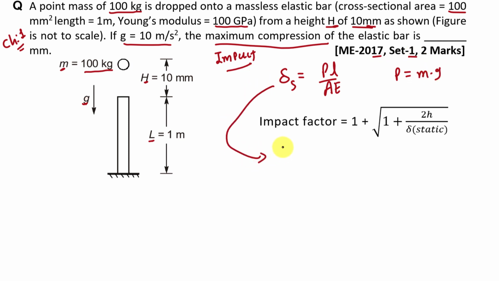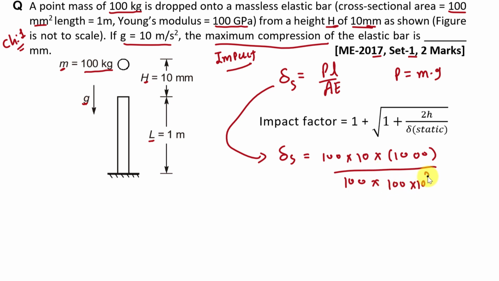So from here, if you will find delta static, then it will be mass into g, that is 100 into g is 10 into length is 1 meter. Here we will take 1000 mm divided by area is given as 100 mm square. So it will be 100 into Young's modulus is 100 gigapascal. Here we will take Young's modulus in megapascal. So it will be 100 into 10 raised to 3 power. Fine. So from here value of delta will be 0.1 mm.